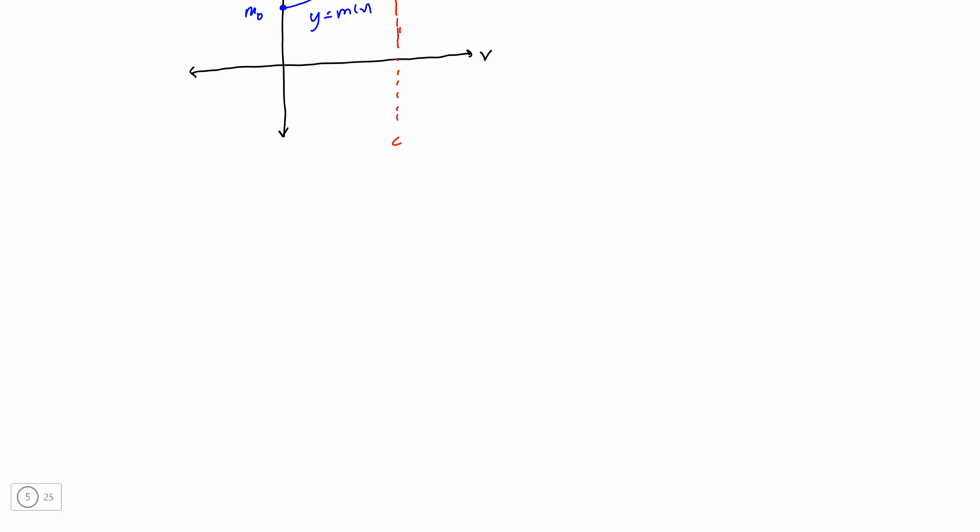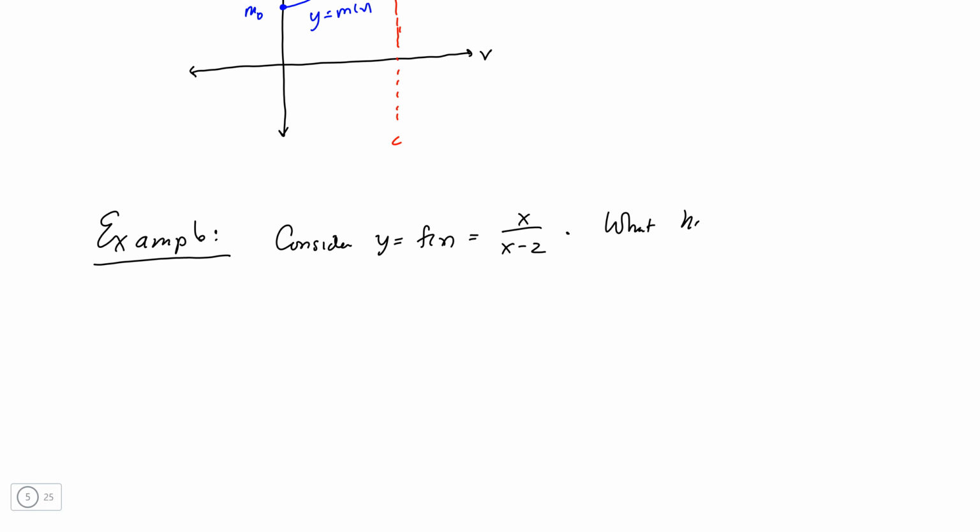Let's consider another example with the same type of idea, but a little bit more familiar looking function. So let's consider, say, y equals f of x to be x over x minus 2. Let's consider what happens as x gets close to 2.